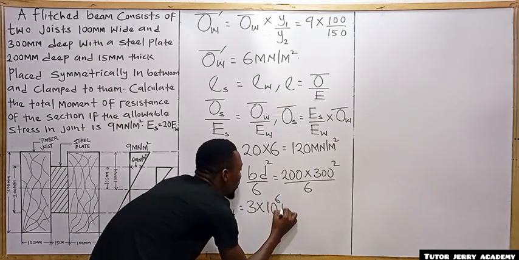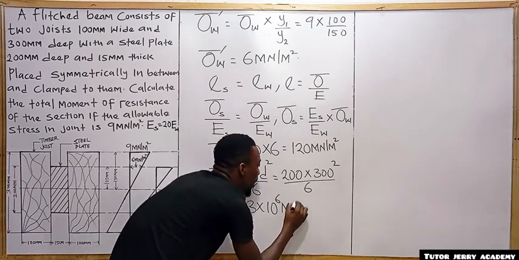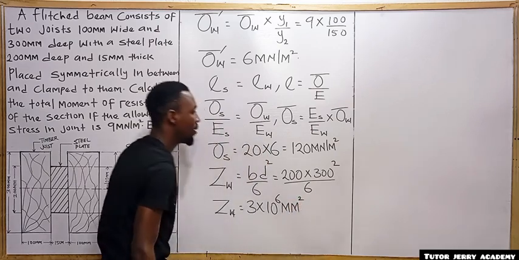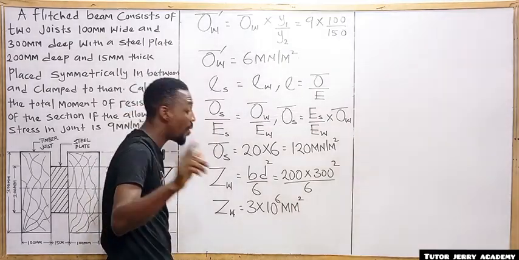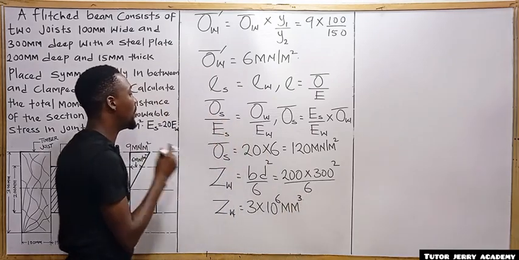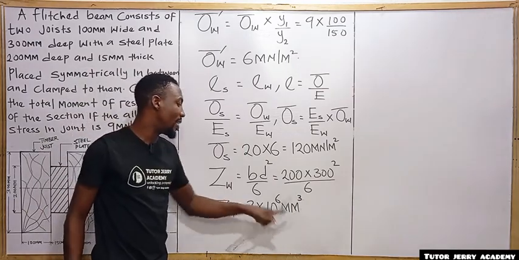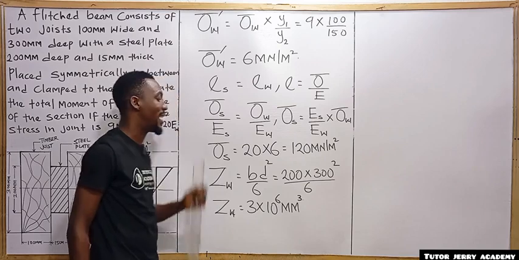Our answer is going to be in what? mm to the power of what? mm to the power of 2, right? mm to the power of 3, sorry. While the moment of inertia is mm to the power of 4. So it is better for us to take this to be in meters.